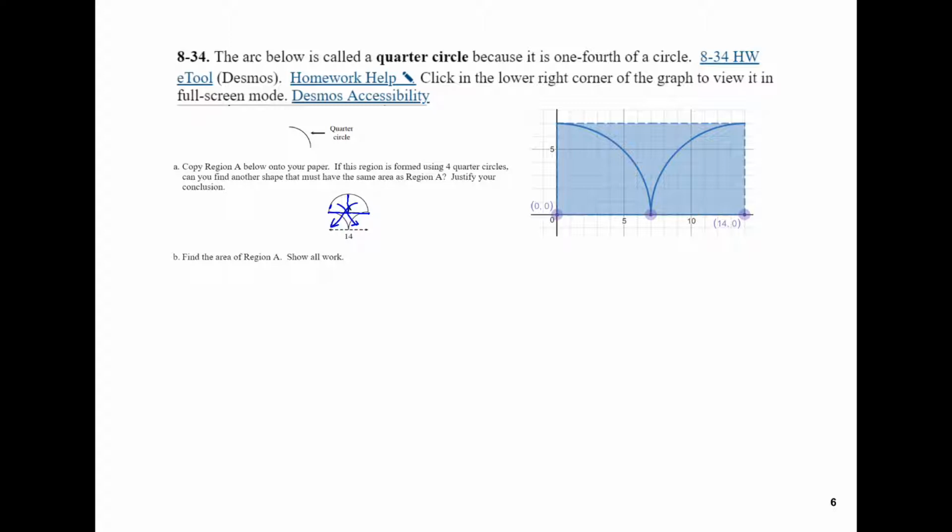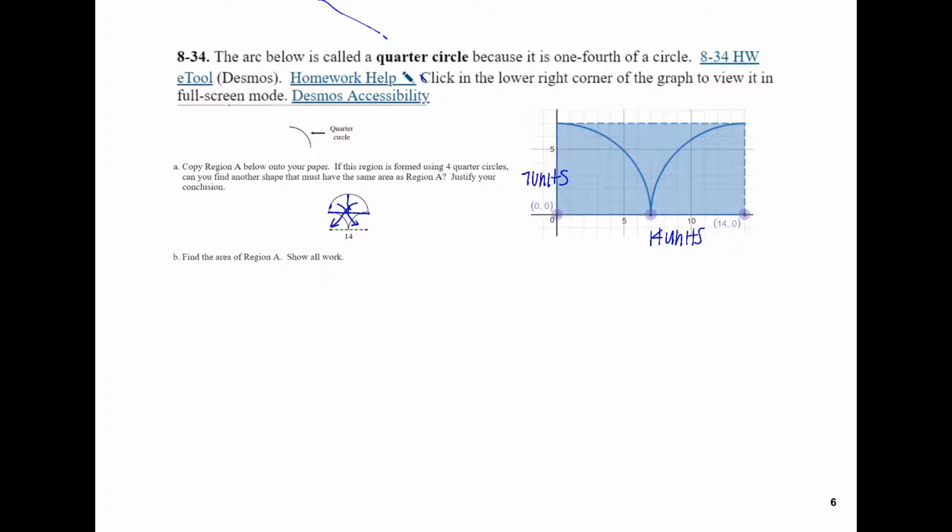So we then know that our dimensions are 14 units and 7 units. And we just formed a rectangle from the shape we were originally given.